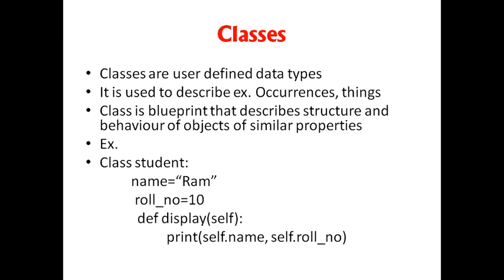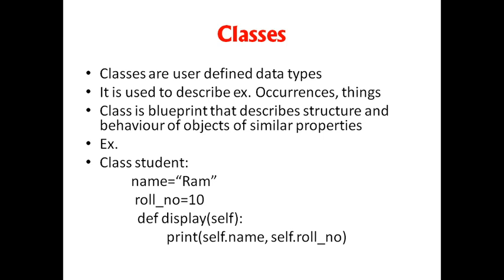And class is wrapping up of data members and functions inside a box. There is an example of encapsulation also. And one very interesting thing is that no memory is allocated when a class is created, but memory is allocated only when the object is created.